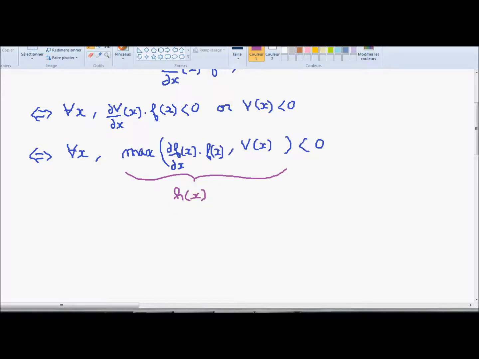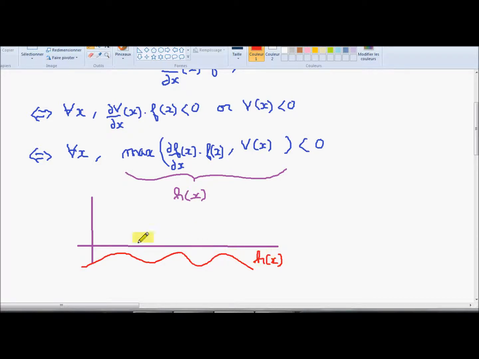I have a function, this function. Then I will have a function h like this. It will correspond to h of x. And I will have to prove that it is always positive.